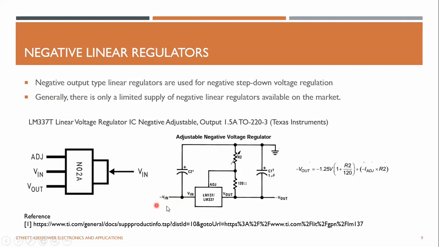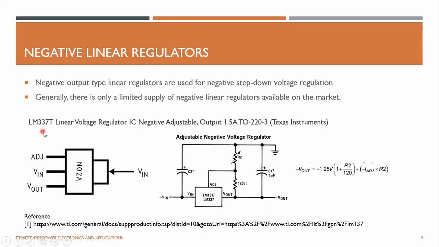Here you can see the supply pin is connected to a negative supply, and you have your adjustable pin connected to a feedback network and connected to the ground, and you can get your regulated negative output from this pin. You might have some input capacitors and output capacitors, and you can step down this negative voltage to your desired value.